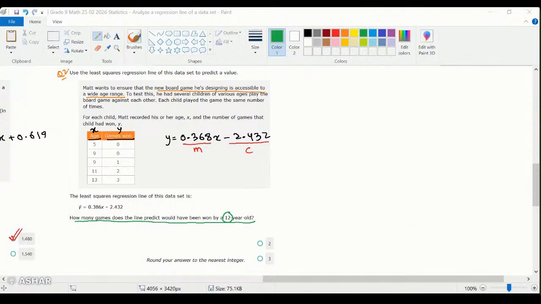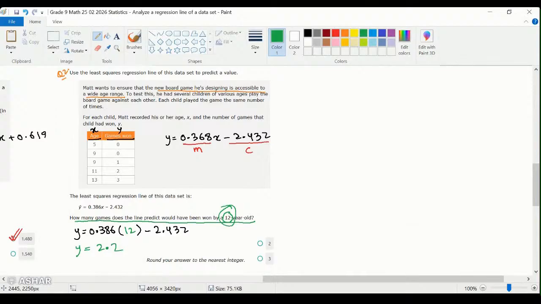So what would be the predicted value? The equation was given as 0.368x minus 2.432. The value of x was 12. They wanted to know for the age of 12, right? That means 0.368 into 12. It comes out to be 4.416 minus 2.432, and the answer comes out to be 2.2.